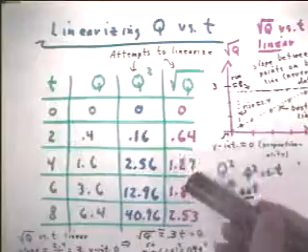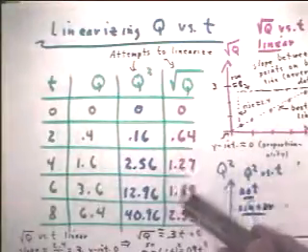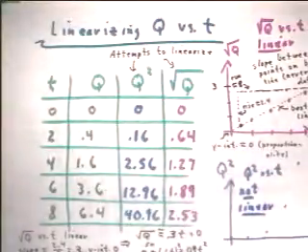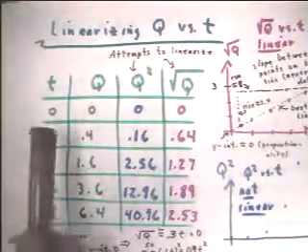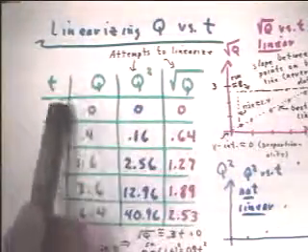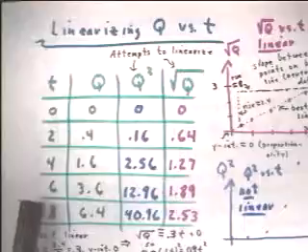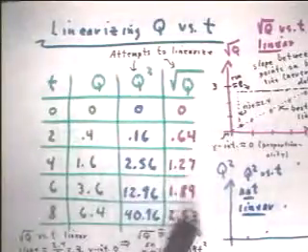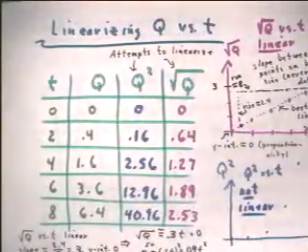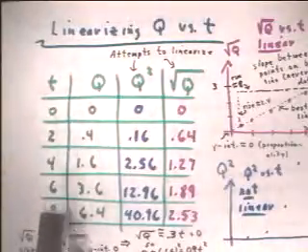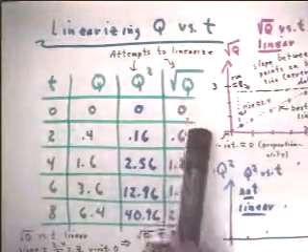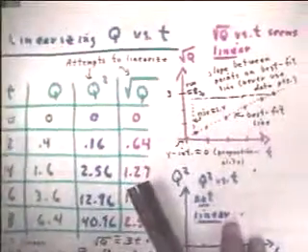Those changes between the square root of q values are pretty consistent, which is a good thing because the t values are equally spaced, and if these are pretty equally spaced, that means we've done a pretty good job of linearizing. Now, if the t values weren't equally spaced, we wouldn't really be able to tell by looking at these differences. We would simply have to do the graph, and in general we do that anyhow.